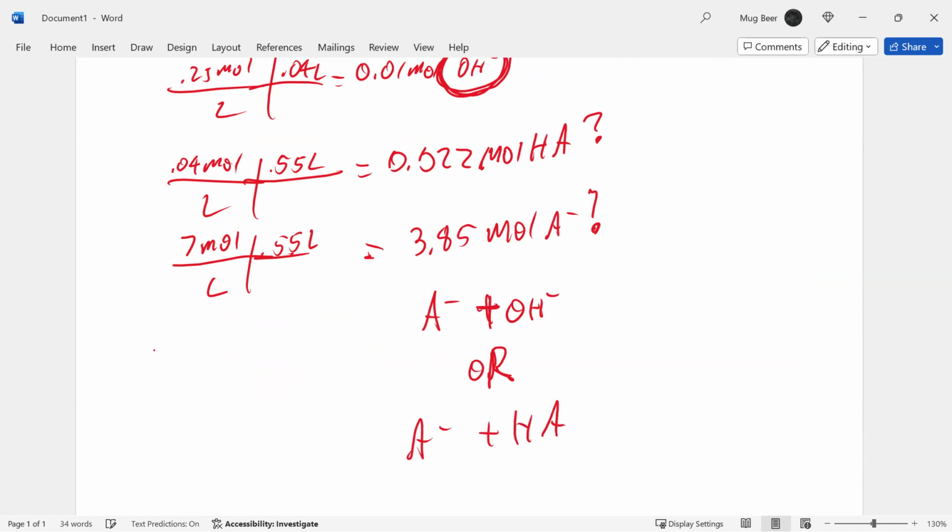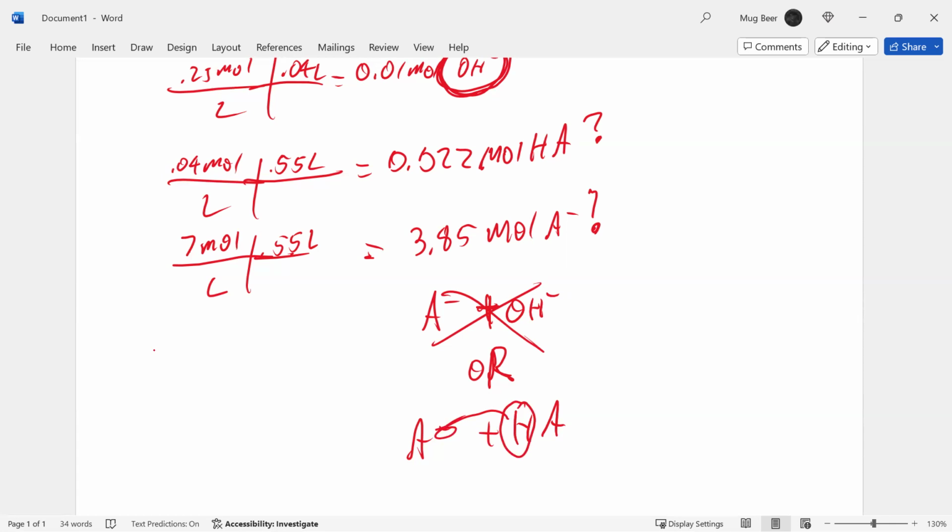Either A negative reacts with OH negative, or A negative reacts with HA. Which one of those reactions is going to actually occur? Why can the first one not happen? They're both negative. They're literally going to bounce off of each other, like trying to shove two sides of a North magnet together. So this can't happen.